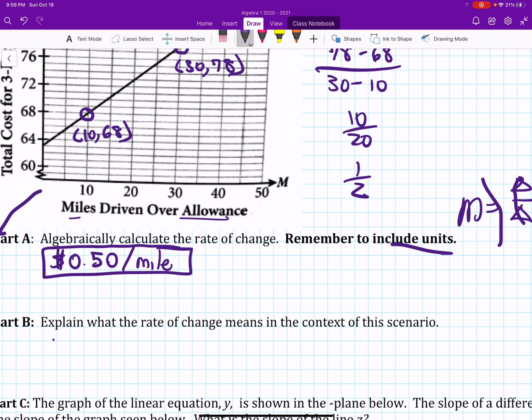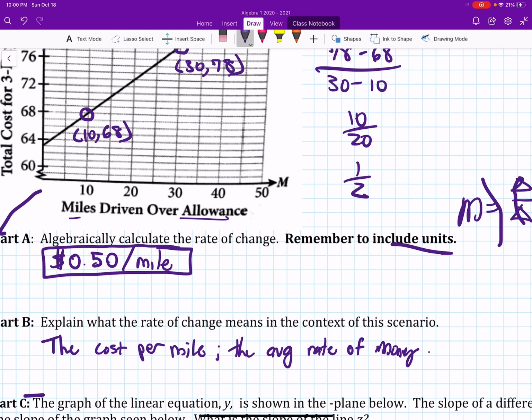Rate of change is the cost per mile. It is the average rate of money over miles.